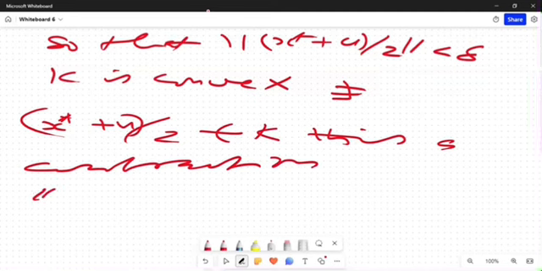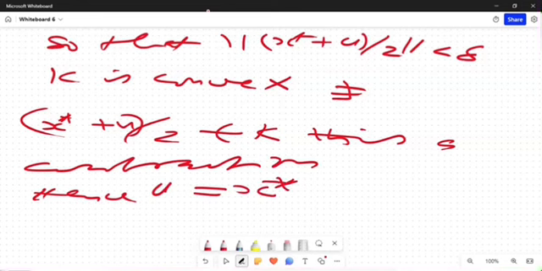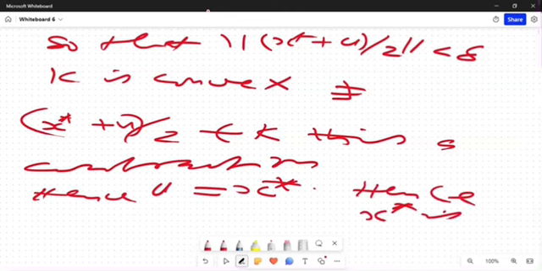So the right assumption is that u is actually the same thing as x star. Hence the limit, which is x star, is unique. Okay, so that's that theory.